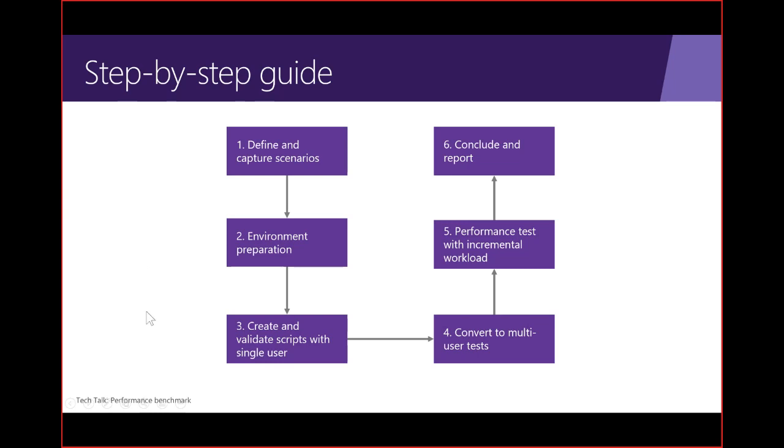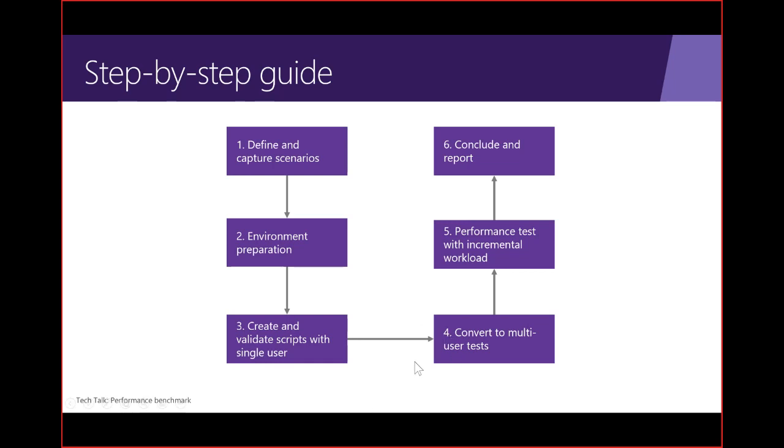Eventually you will convert the task recording you captured for the scenario in step 1 into the C# performance script. And then you will validate with a single user to make sure the script itself is working as expected, and that it does what you expect it to perform in the system.